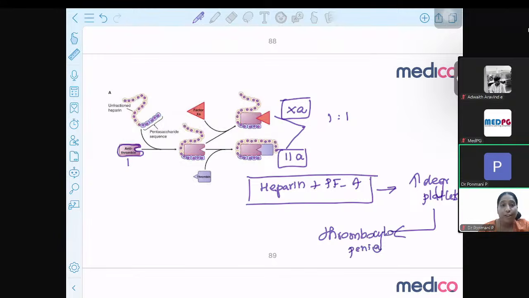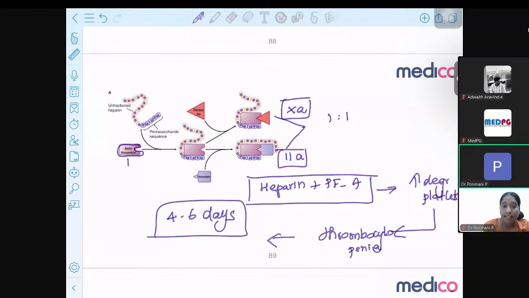How are we going to diagnose it? Because the time frame is very important. It usually happens within a week, usually around 4 to 6 days. If this thrombocytopenia occurs, we have to diagnose that it is called HIT, heparin-induced thrombocytopenia. And what is the treatment? The first treatment is stop giving heparin.